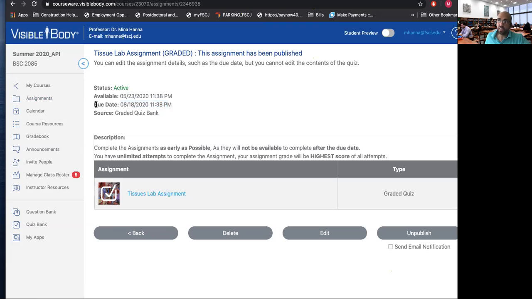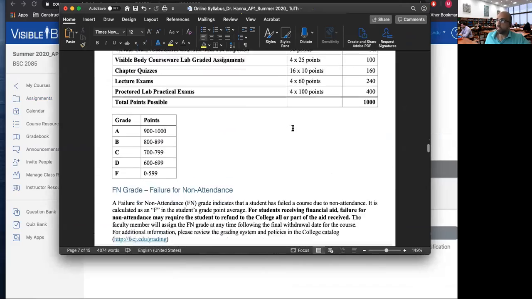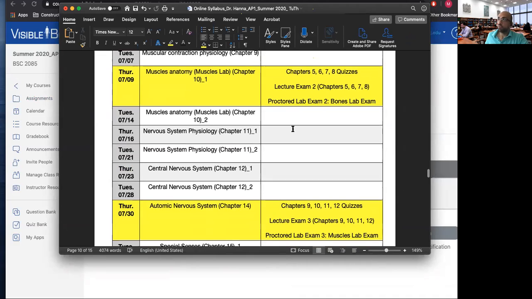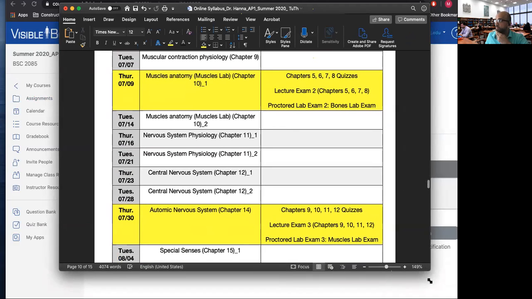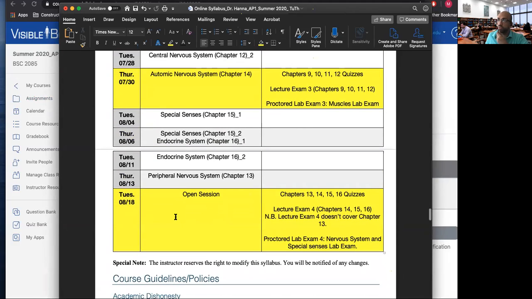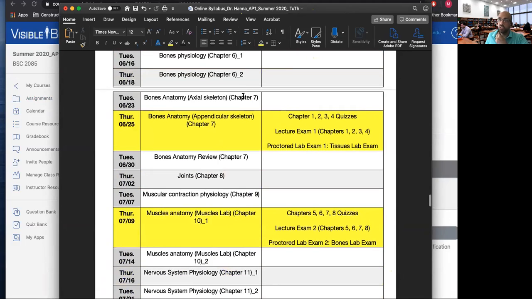It says here that the due date is August 18th, but not actually August 18th. If you go here to your calendar of activities, you will find that we've got 5 due dates. Those are the ones that we're going to be considering as due dates.